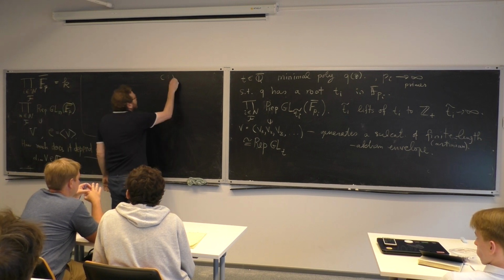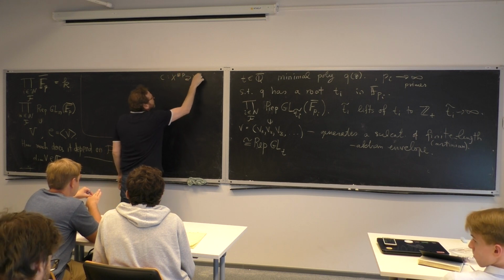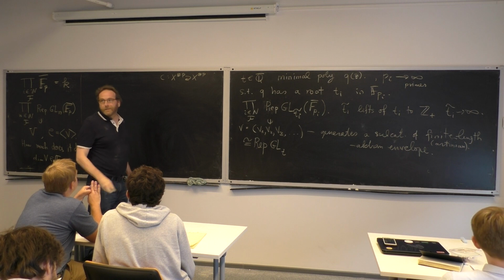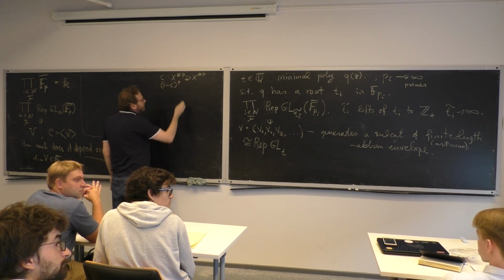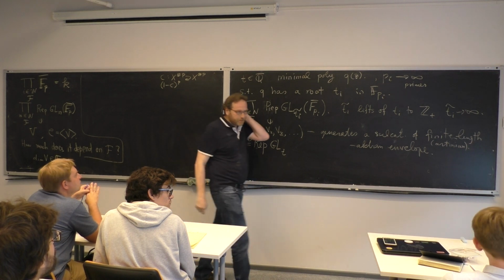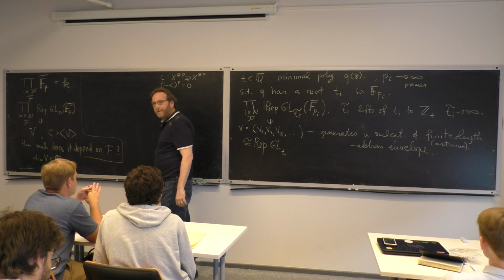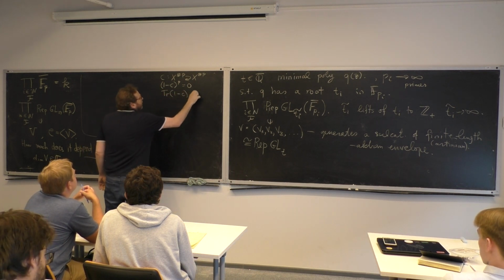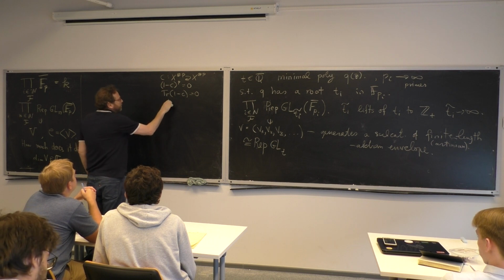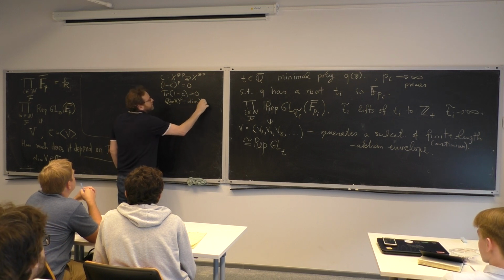So if you have a cyclic permutation c on X to the p, you have 1 minus c. This is an abelian category, so it's okay. So this is 0. And this means that the trace of 1 minus c must be 0. But the trace of 1 is the dimension of X to the p, and the trace of c is the dimension of X. So we get that this is 0.